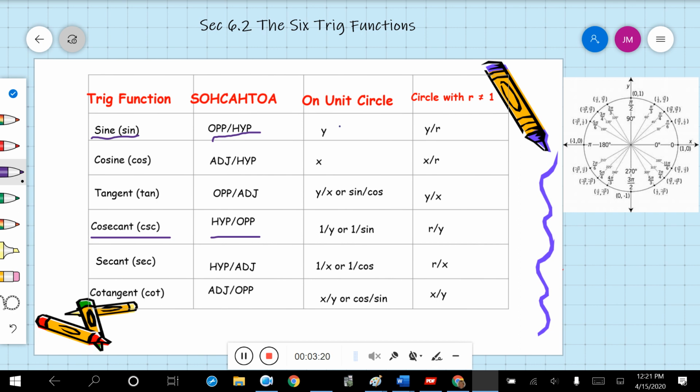If the sine is the y value on the unit circle, the cosecant is 1 over y. If you're not on the unit circle, the sine is y over r, so the cosecant is r over y. Simply put, the cosecant is the reciprocal of the sine.